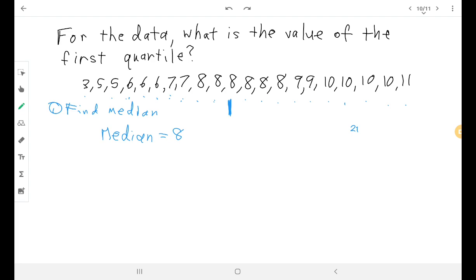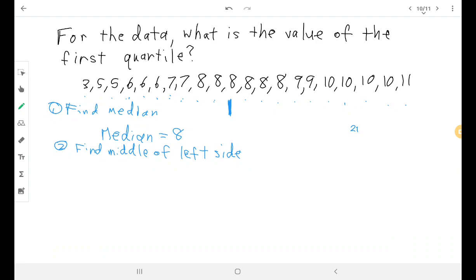And that middle number, so step 2, find the middle of the left side. In other words, you're finding the median of that left side, okay?